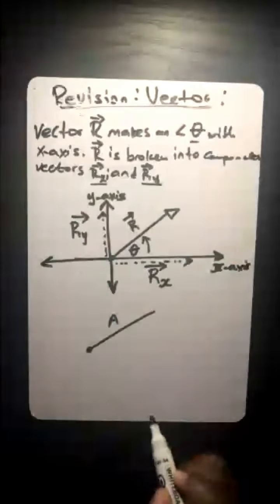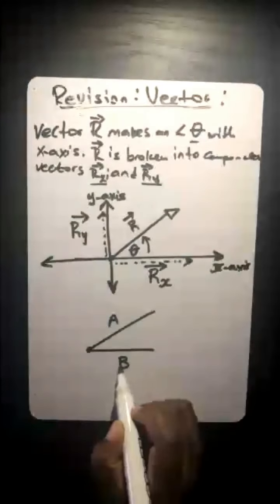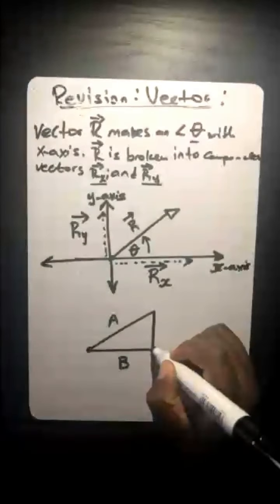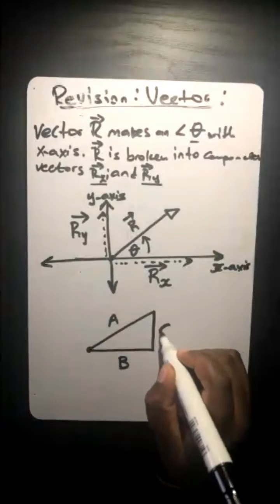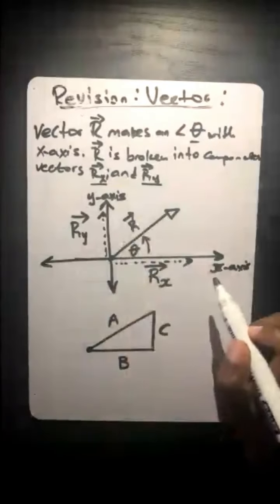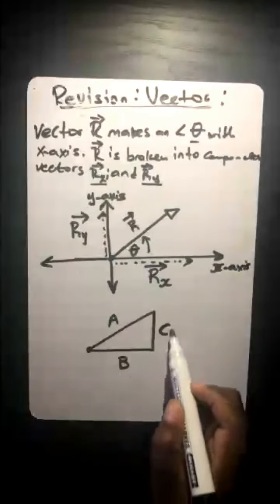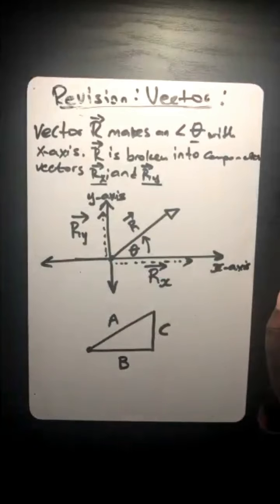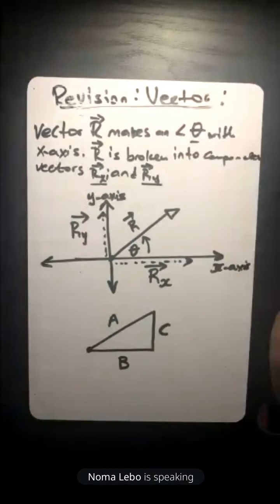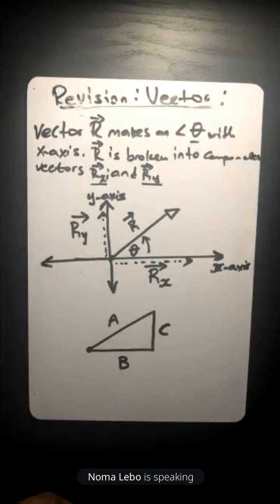Let's assume that side to be A, that one to be B, and that one to be C. I'm going to ask you guys a question. Which vector quantity is represented by A, which one by B, which one by C? C is Y and B is X, A is R.